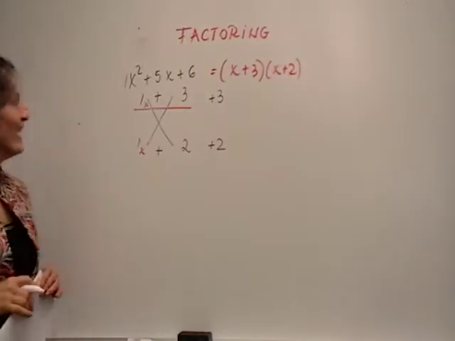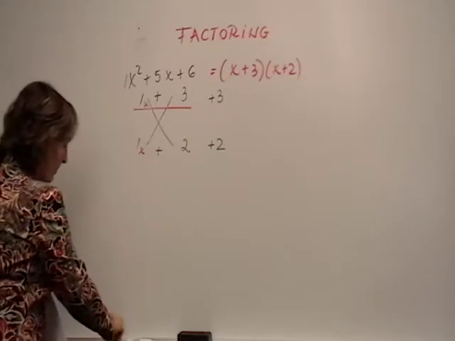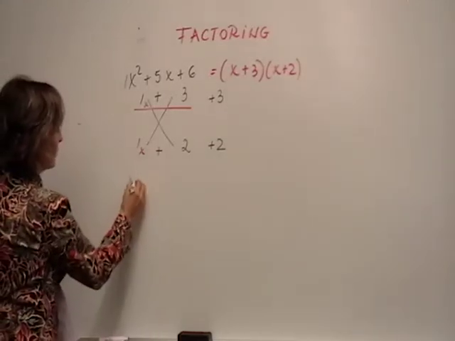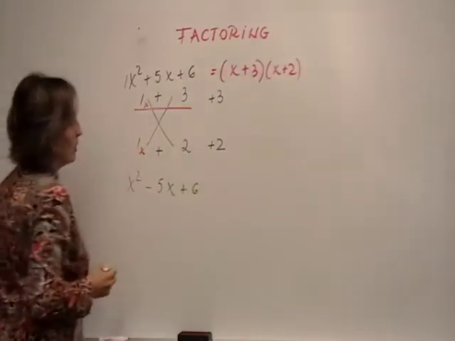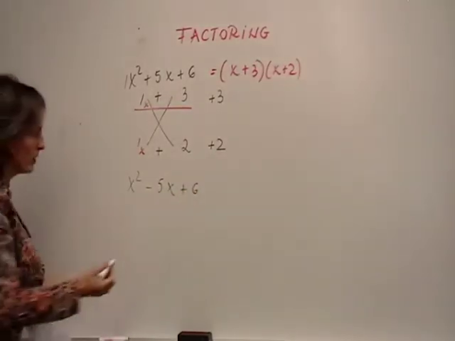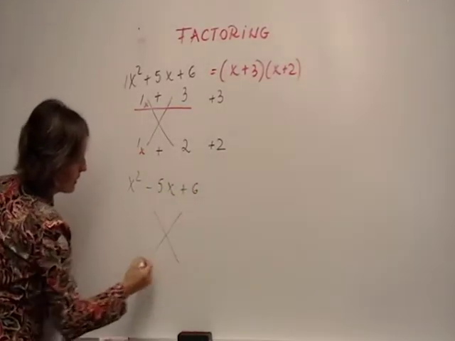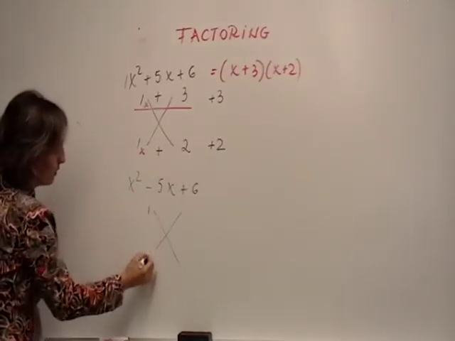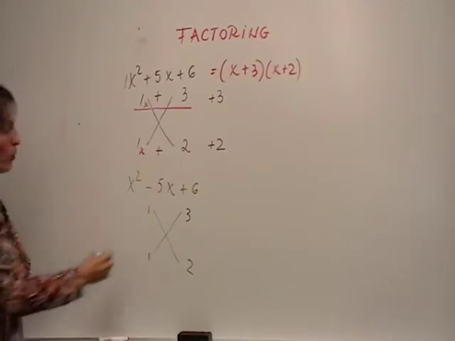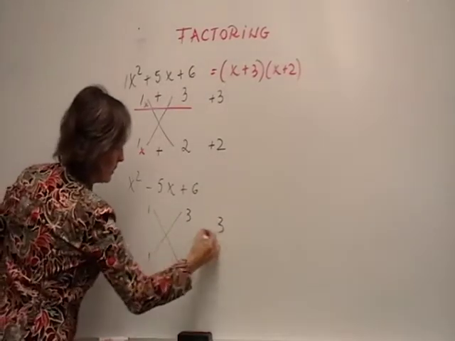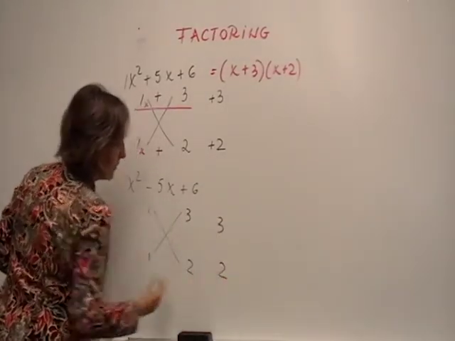Nice? Good, let's take another example. Let's suppose you have x squared minus 5x plus 6. We're going to do the same thing. We draw an x. We'll put 1 and 1, 3 and 2. We'll multiply 1 times 3 is 3, 2 times 1 is 2.